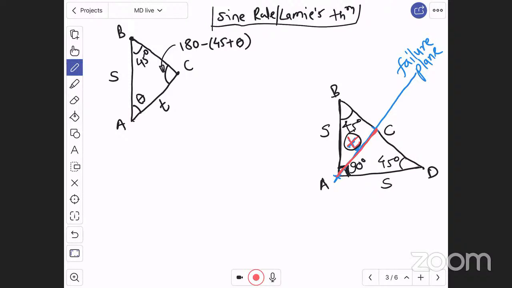And the sine rule says that any side divided by the sine of the opposite angle.